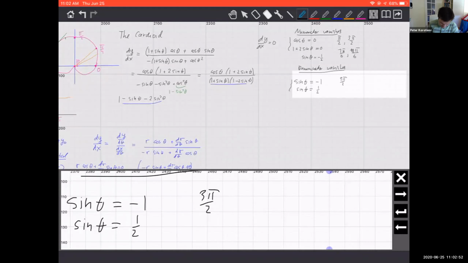Right, and then sine equals 1/2 happens at 30 degrees and 150, right? So it's pi over 6 as well as 5 pi over 6.